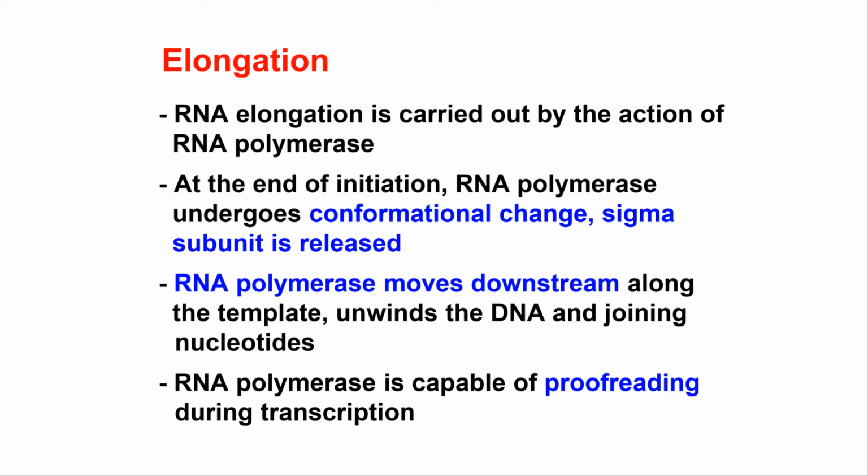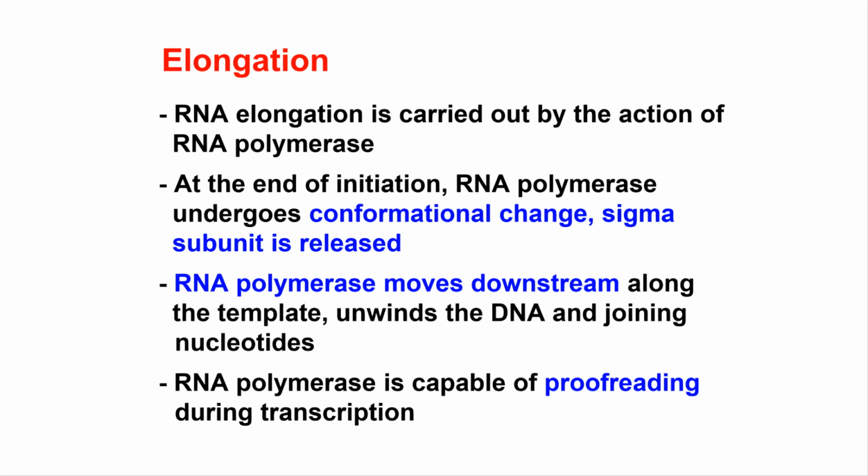Therefore, topoisomerases are required to relieve the stress associated with this unwinding and rewinding of DNA. The last thing I would like to stress is that RNA polymerase is quite accurate in incorporating complementary nucleotides into the growing RNA strand. However, errors can happen.